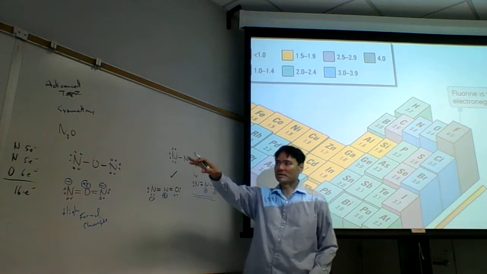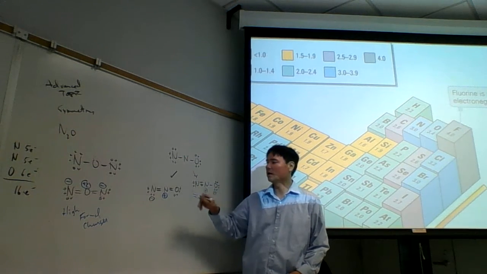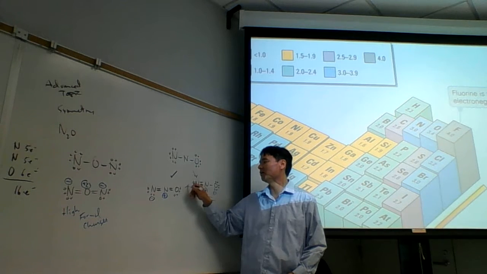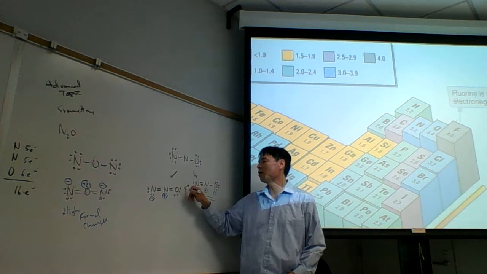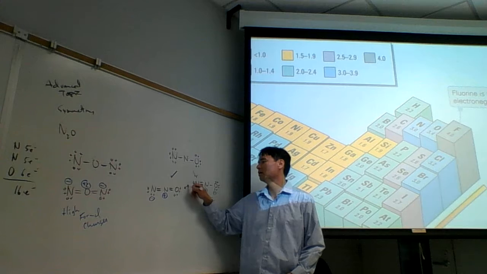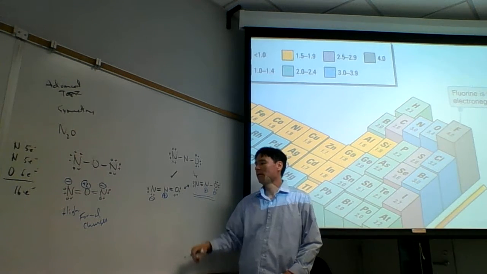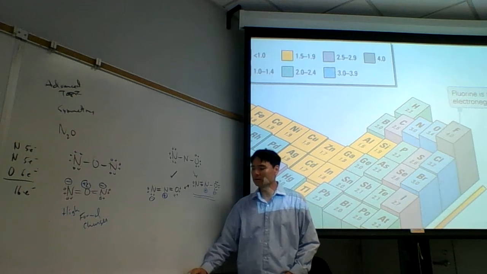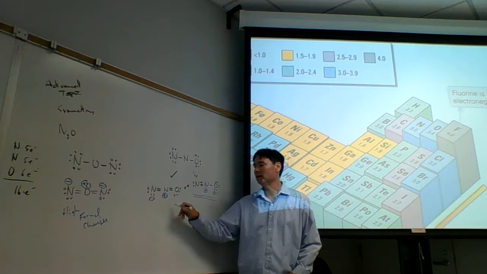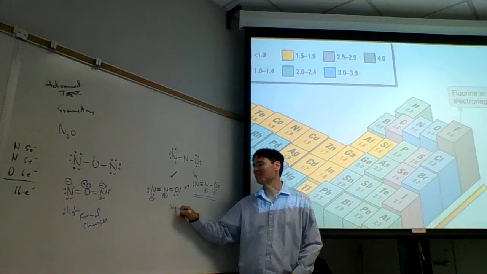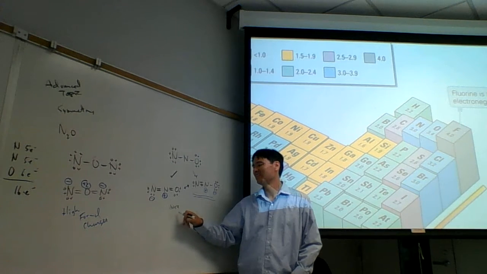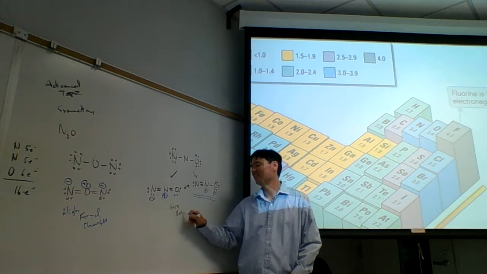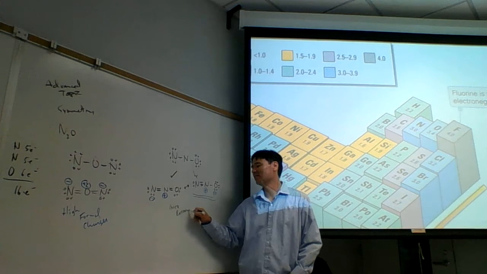Whereas, remember the resonance forms I automatically eliminated for bicarbonate, those were way off in terms of energy. These are not way off in terms of energy. Since nitrogen and oxygen aren't that far apart from each other, they're pretty close, then these are inequivalent resonance forms, or non-equivalent resonance forms.